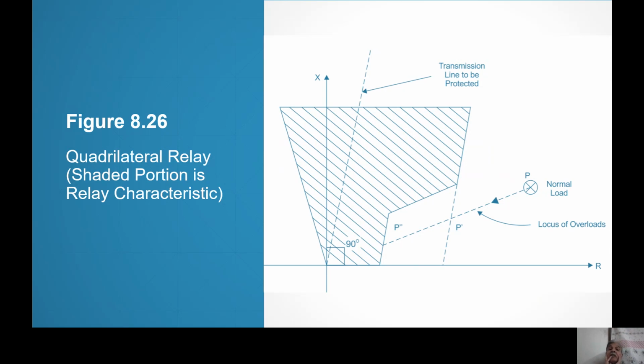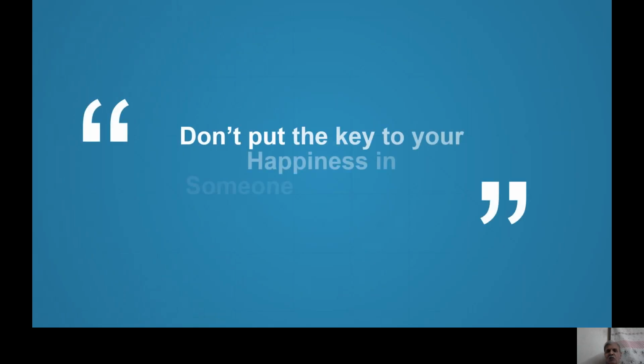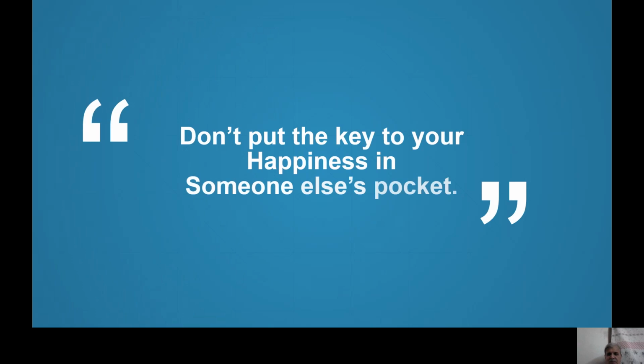But till then, the relay should not operate. That is our concern, the concern of a protection engineer, my dear friends. So, direction and volt resistance. With this, my talk ends.